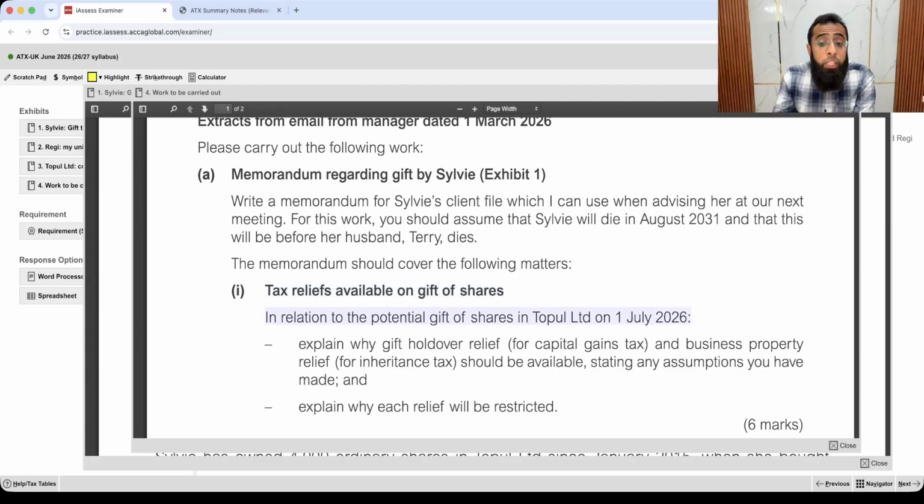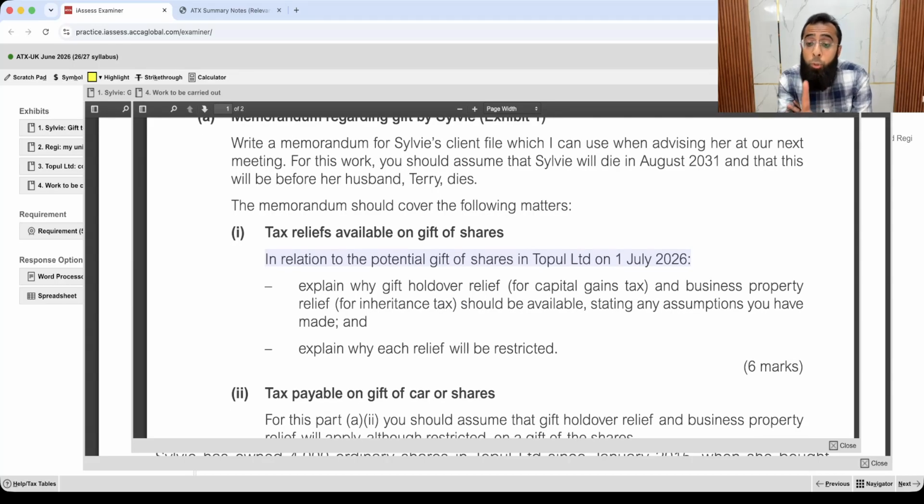In relation to potential gift of shares in Topul Limited, restricted to gift of shares only, explain why gift holdover relief and business property relief should be available, stating any assumptions you have made, and explain why each relief will be restricted. So in relation to gift of the shares, I have to discuss why gift holdover relief and business property relief may be available, and I have to discuss the assumptions.